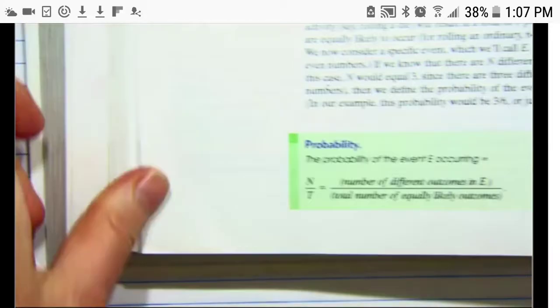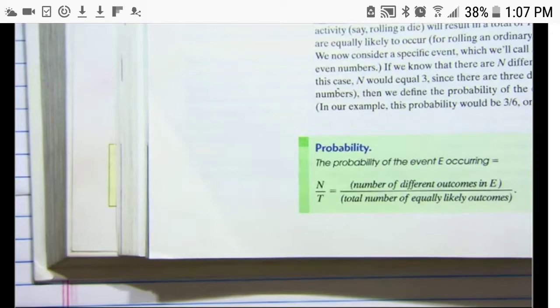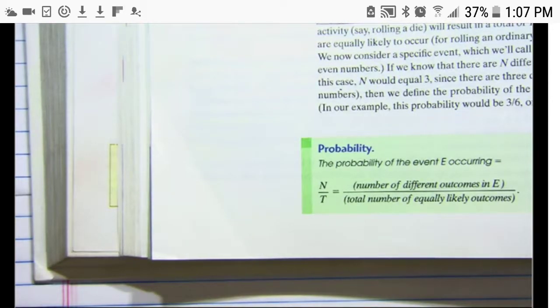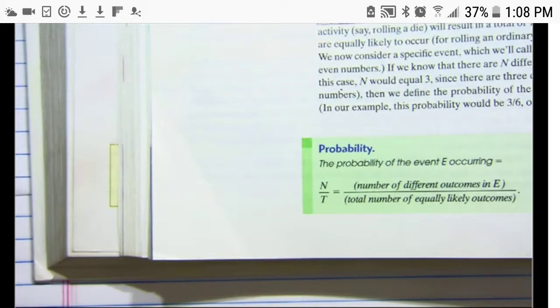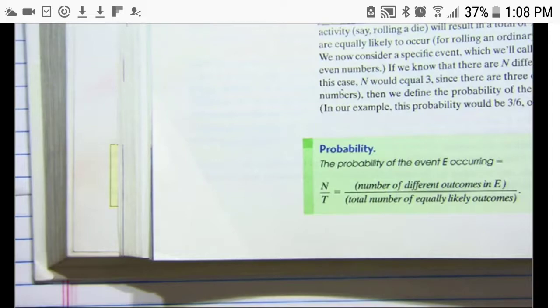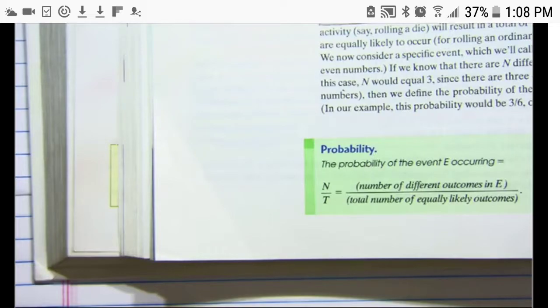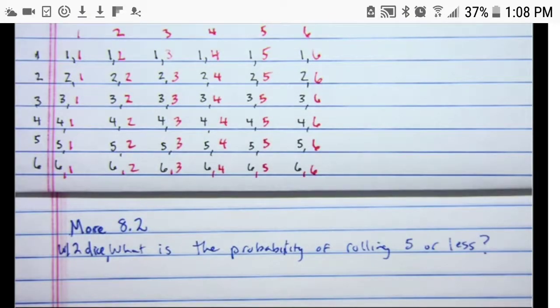Here's the definition of probability. We take the number of different outcomes in the event E, so that would be, for our case, rolling 5 or less, and the total number of equally likely outcomes. And then in our case, that would be 36 equally likely outcomes. So we'll go ahead and take a look and see how many of those outcomes that we listed resulted in 5 or less.